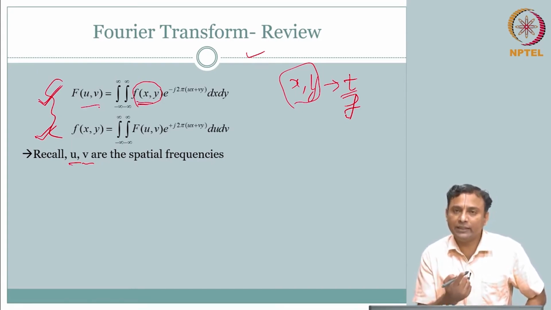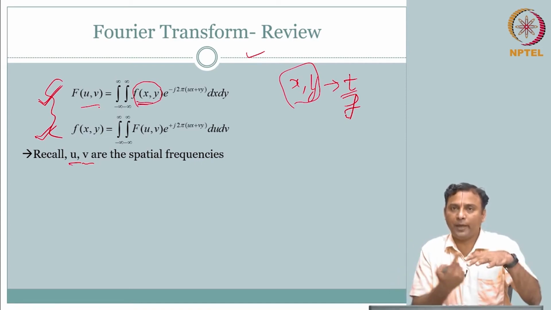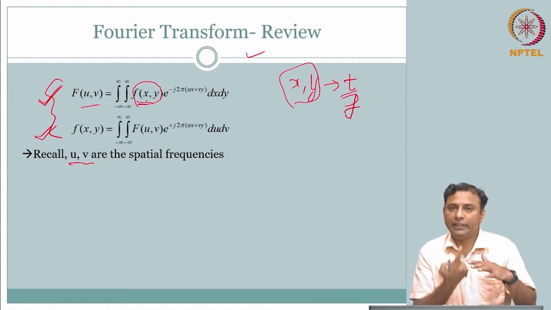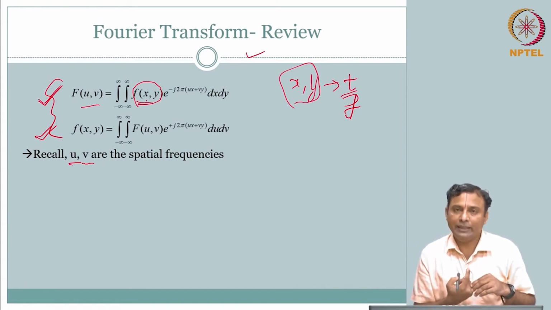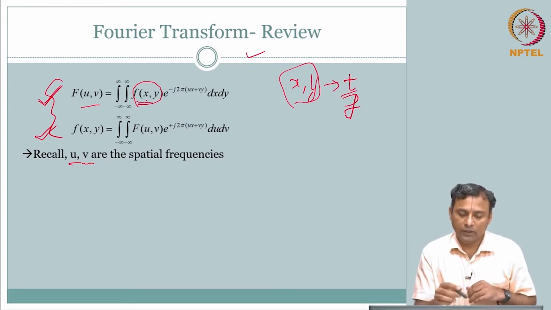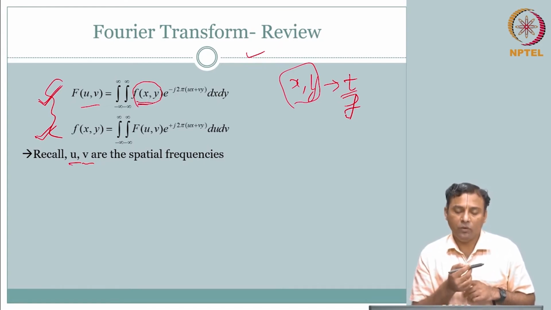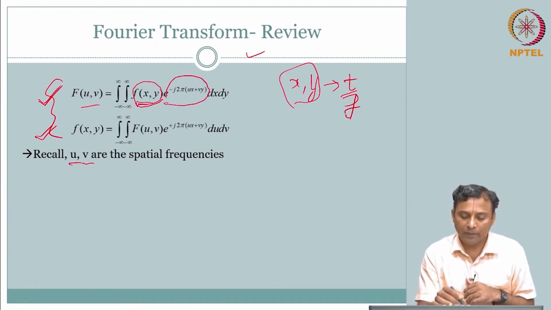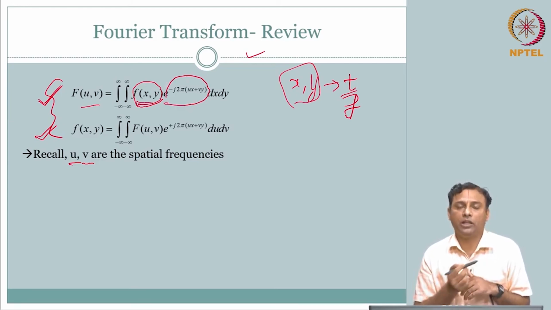Essentially, we did this in the spatial domain by using the spatial impulse response, the direct delta function, the point impulse response. You can pick a point, so you can express the arbitrary function f of x y in terms of your impulse response. Instead of that, now you are decomposing your f of x comma y into complex exponentials. That is what is happening here.